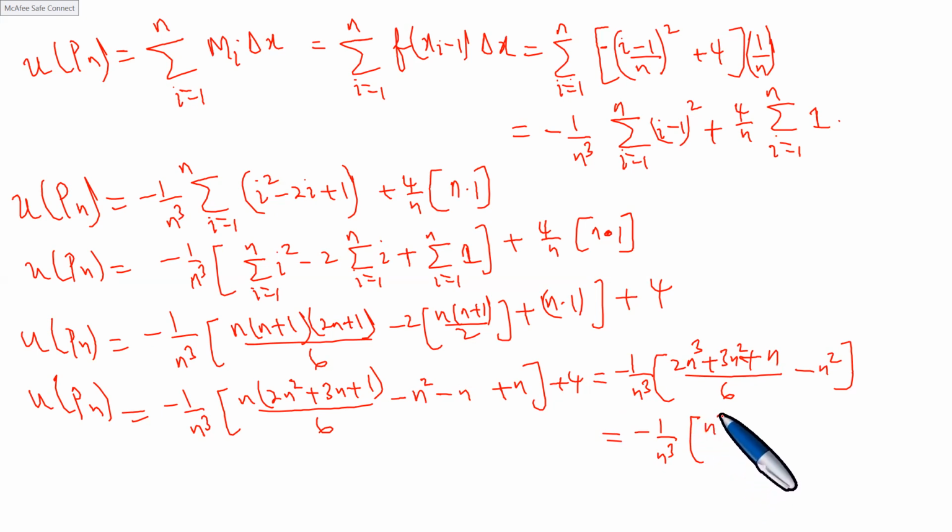This is n cubed over 3, plus n squared over 2, n over 6, minus n squared.